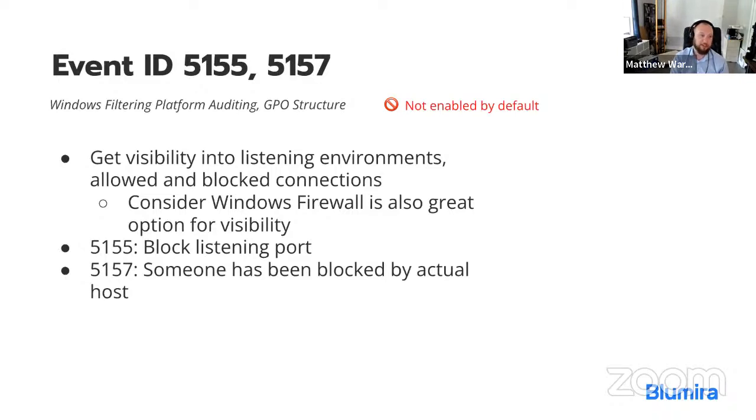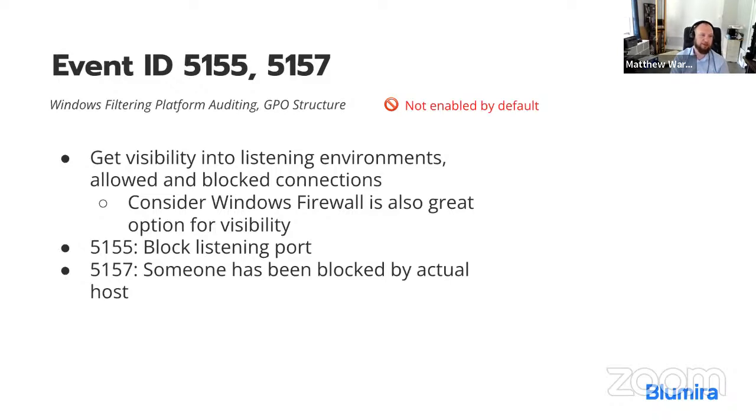And of course, the other two, the 5155 series, we have a love-hate relationship with the entire 515x series of Windows Event IDs here. You're probably never going to want 5156, would be my guess, which is basically network connections. If you do want that, use Windows Firewall, use Sysmon, don't use 5156 in a lot of cases.